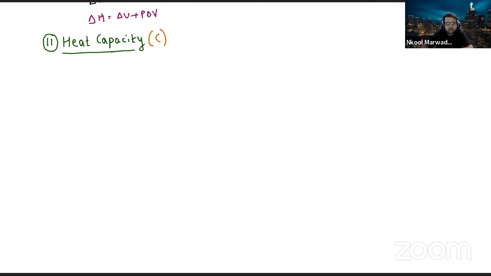So the definition of heat capacity is the quantity of heat required to raise the temperature of the system by one degree.